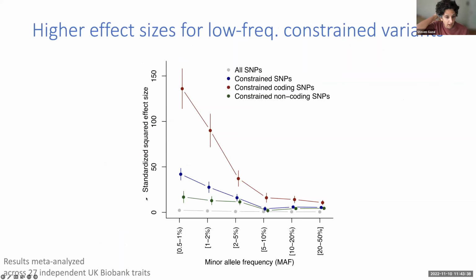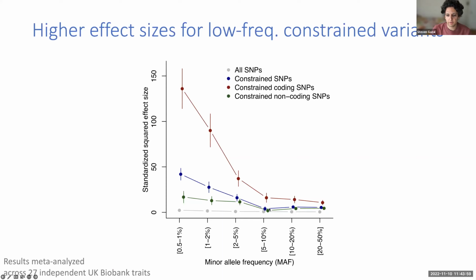Here I'm moving from common variants to common and low-frequency variants to look at the expected squared effect sizes of constrained variants as a function of their allele frequency. Let me start with the blue line, which is the constrained SNPs.